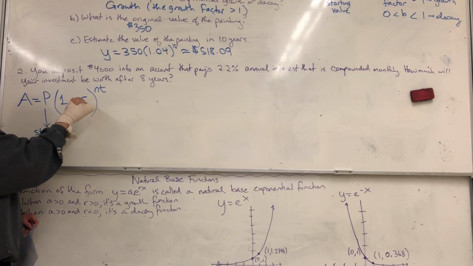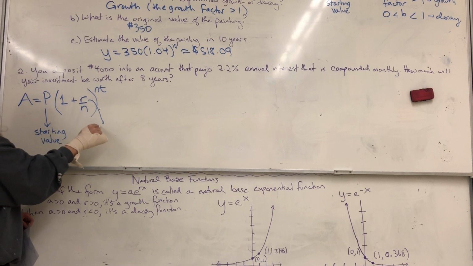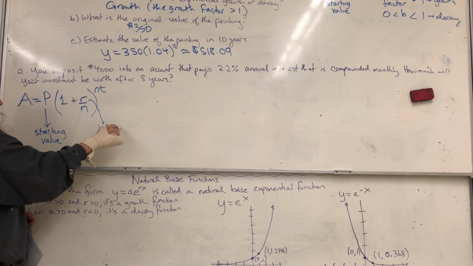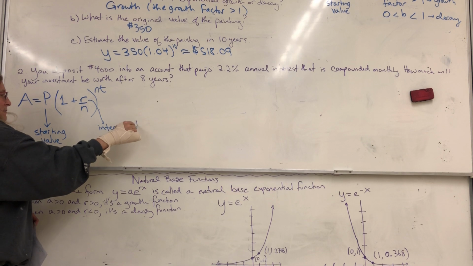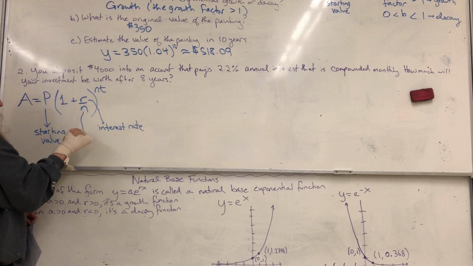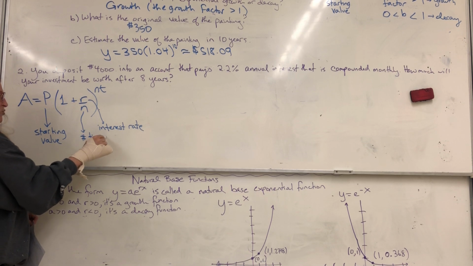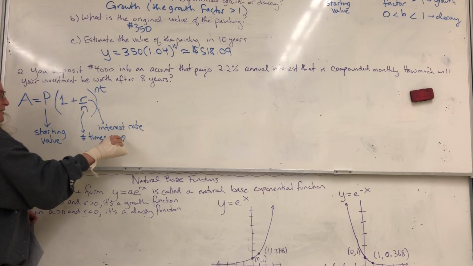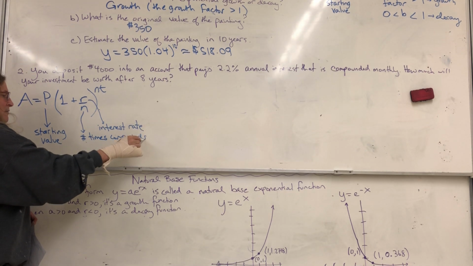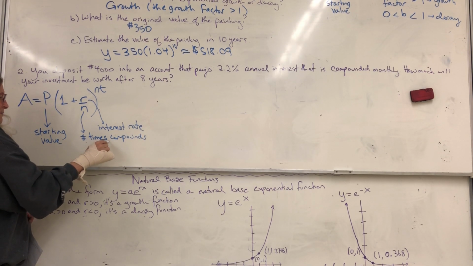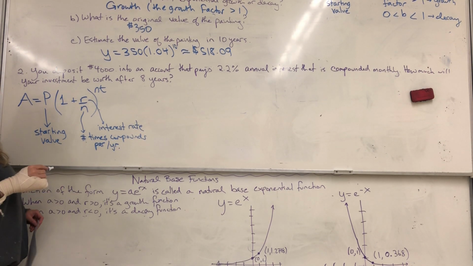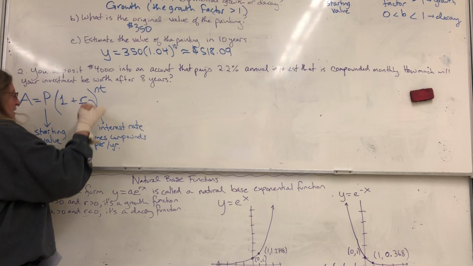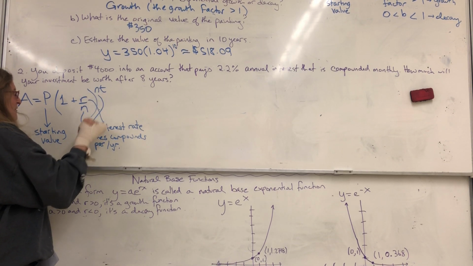That's the number 1. This is the interest rate. N is the number of times the interest compounds per year. And then that's N right here. And then T is time.